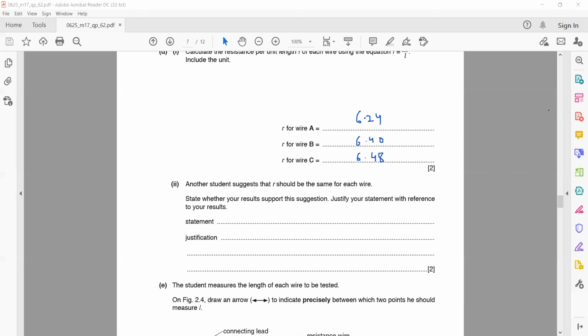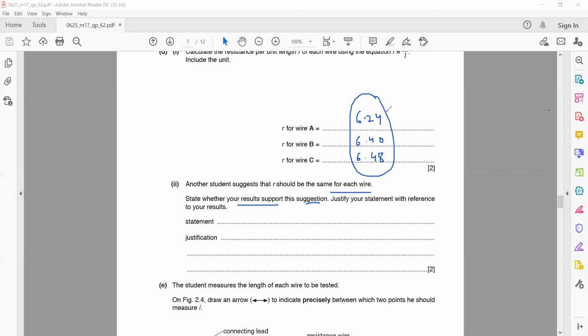So what did the other student suggest? He suggested that the R values should be the same for each wire. State whether your result supports this suggestion and justify with reference to your result. So basically we want to show that these values are the same.